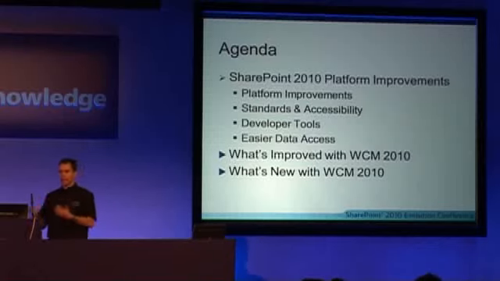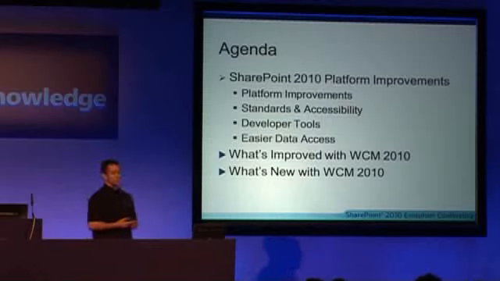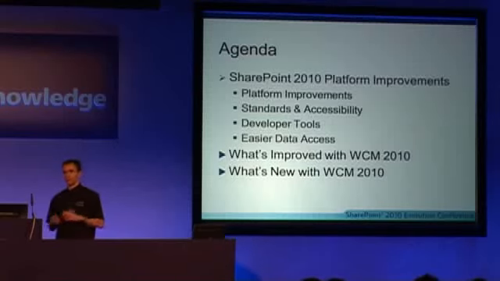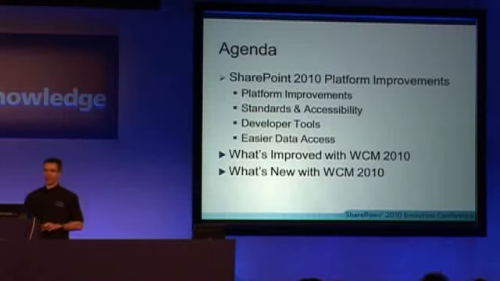We look at how data changes, how accessibility changes, and things that are different for developers. Then we'll take a look at what's improved, some functionality that was there in 2007 but is better. And then we'll look at the brand new stuff that Microsoft are introducing for web content management sites in this release.